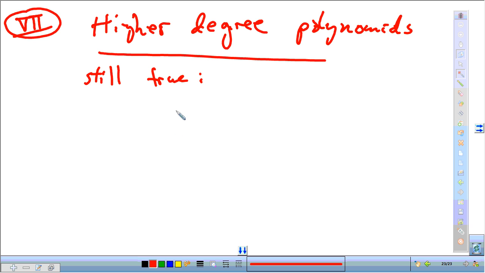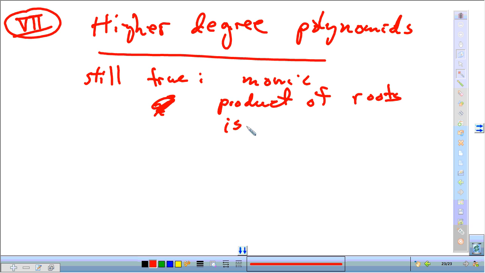So what we looked at with monics, the product of the roots would still be the constant term.